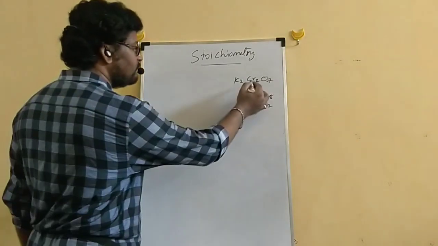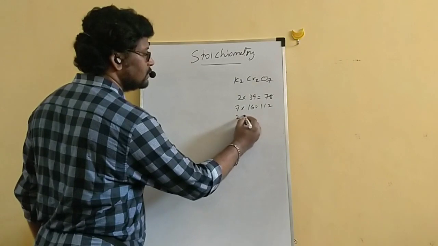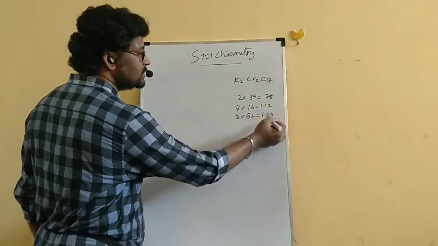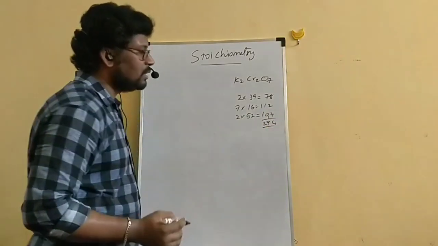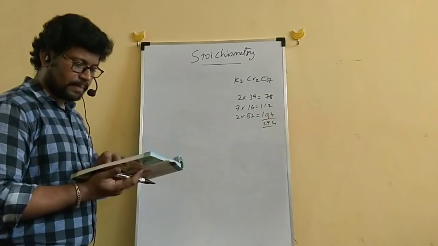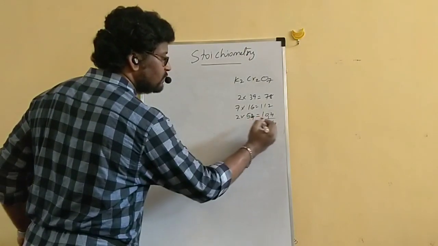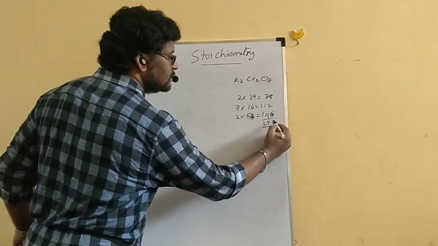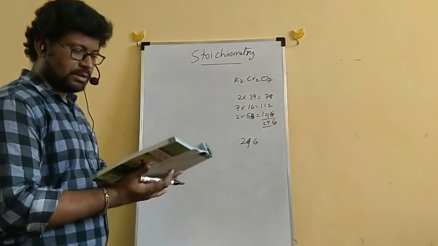Total adding up, the gram molecular weight of K2Cr2O7 is 294, actually 296.